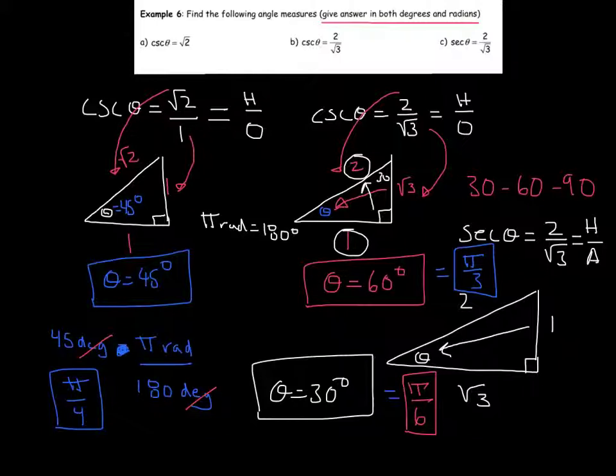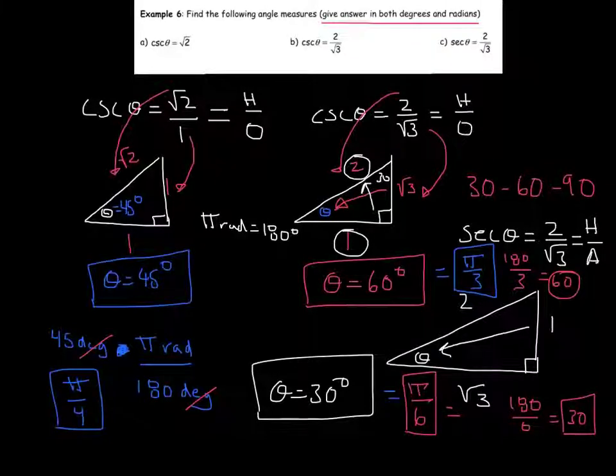Pi is 180 degrees. So what is 180 divided by 3? 60. What is 180 divided by 6? 30. So pi over 6, pi over 3. All right? And we're going to do the last problem here in the next slide.